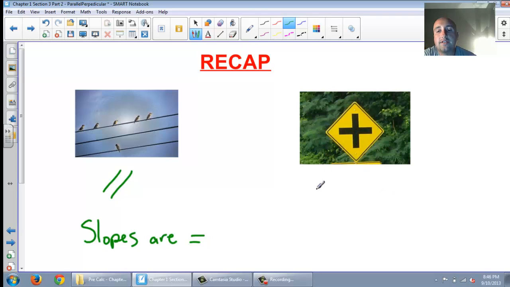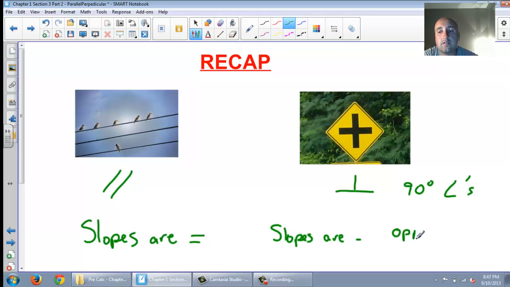And if we have lines that are perpendicular, meaning they form 90-degree angles, we know that their slopes are opposites and reciprocals.